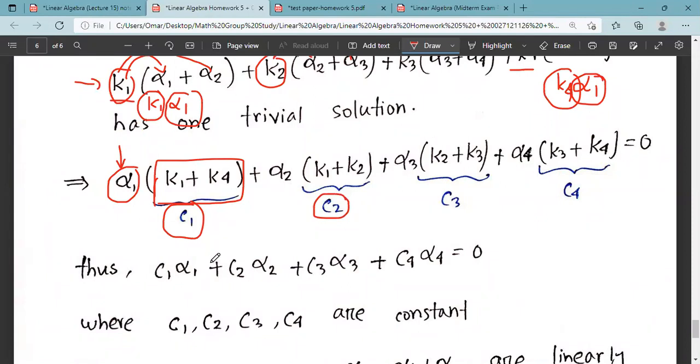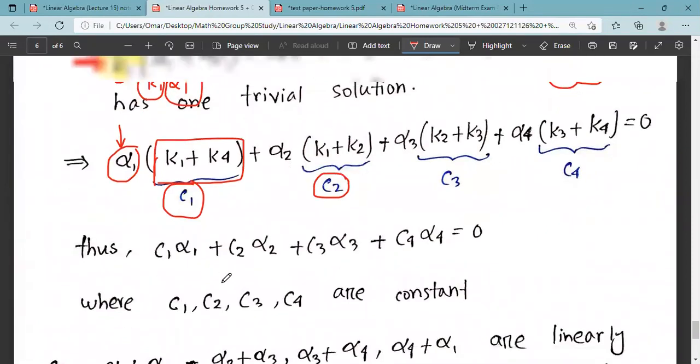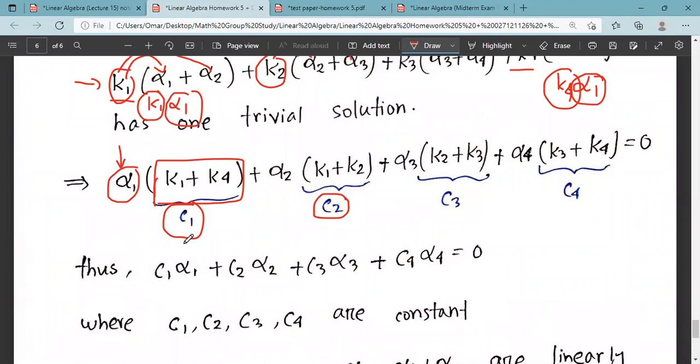Now you can write it this way: alpha 1 into c1, then alpha 2 into c2, because we have already calculated those parts, then alpha 3 into c3, then alpha 4 into c4.